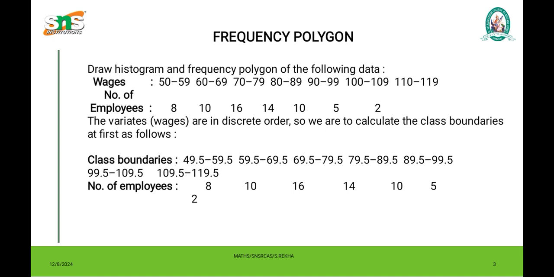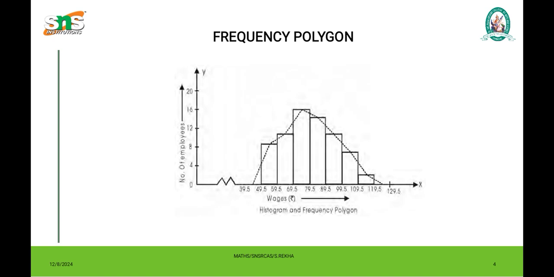So you can use a scale of 2, 4, 6 or 4, 4 and so on. Let us draw the diagram. On the x-axis you mark 49.5, 59.5, 69.5, 79.5 up to 109.5, 129.5. On the y-axis you can mark 2, 4, 6, 8 and so on.